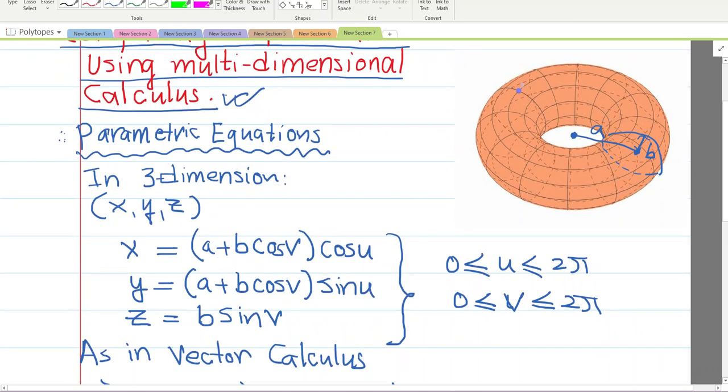Since it's a two-dimensional surface, we need two parameters.